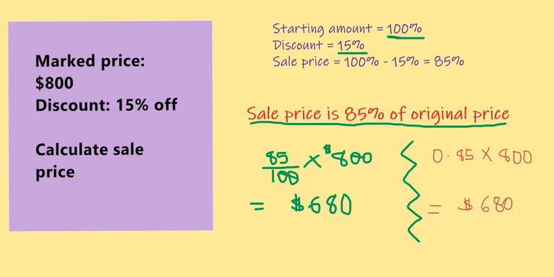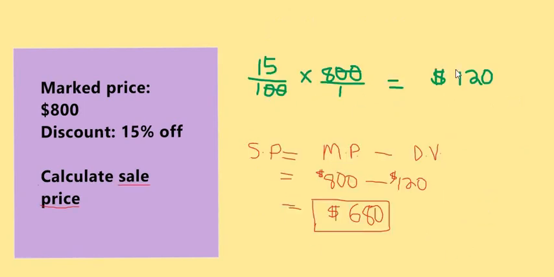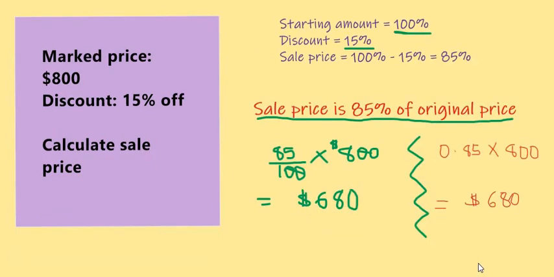And then we just multiply that percentage by the amount. Or you could find what the discount is first, and then subtract it from the marked price. So you determine what method you want to use, this method or that method. It's up to you. You decide. Now you're going to have some examples to practice. So you're going to go into Google Classroom and complete those activities.